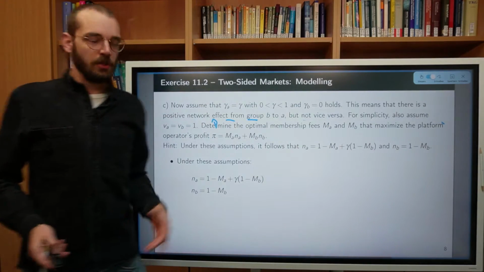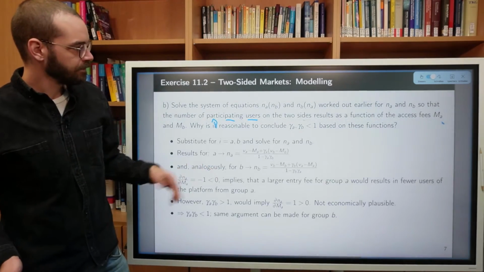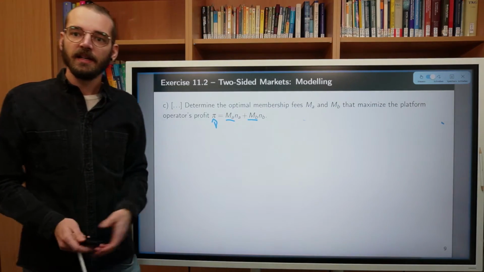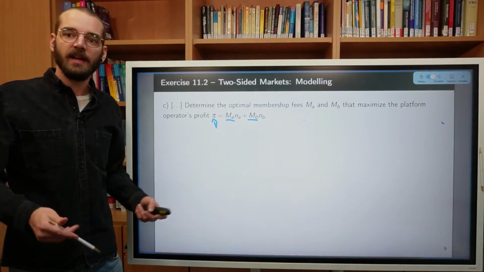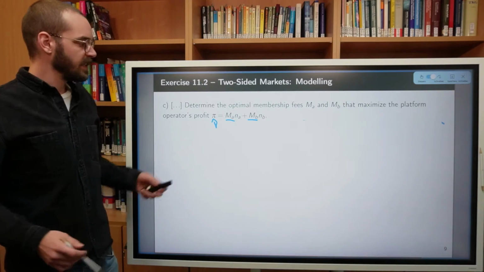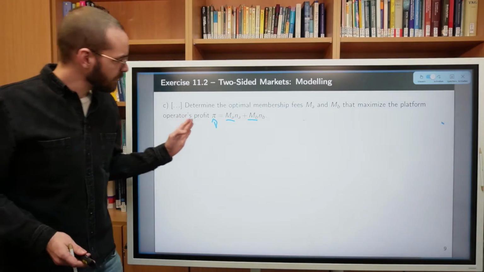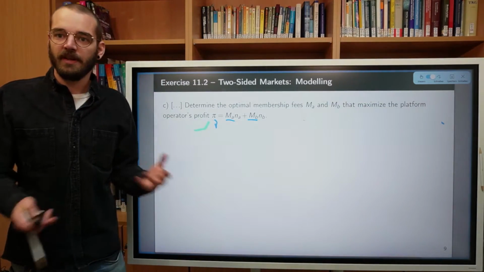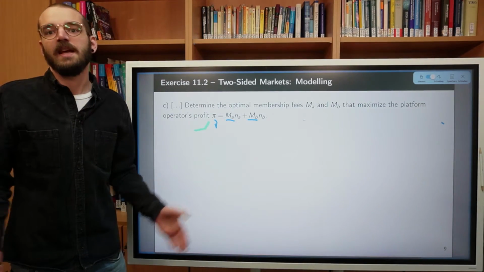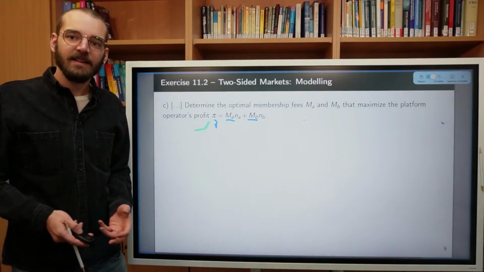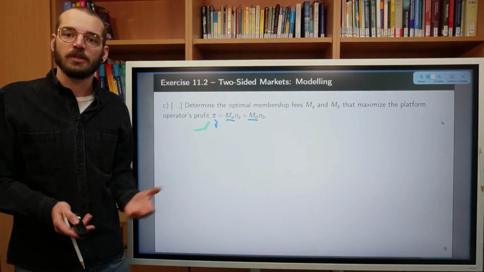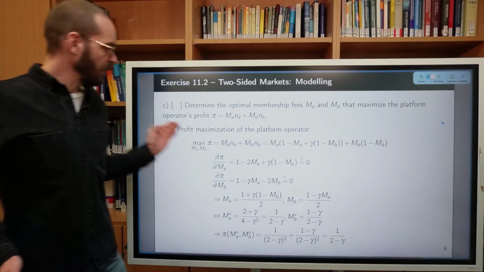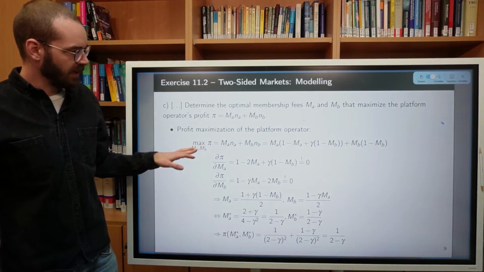So we can simply plug in the expressions we have derived for NA and NB, substitute for them, and then we get an expression for the profits in which there are only 2 parameters, MA and MB, exactly the parameters we want to maximize this expression over.